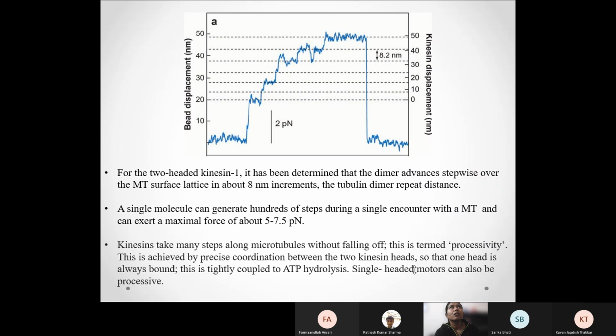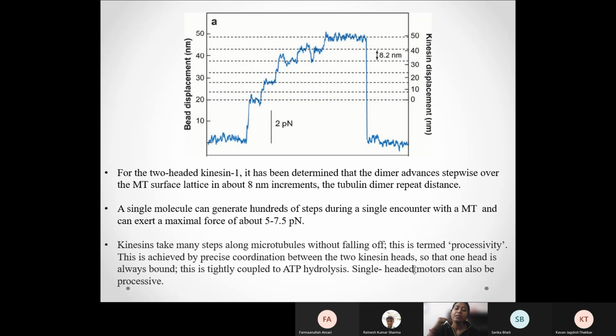Well, the reason they are able to walk on the microtubule is the tight coupling with ATP hydrolysis. That creates a state where it is very stably bound on microtubules. What we are looking at here is a condition where we are simulating it with a bead in a trap, so this condition is a little different.